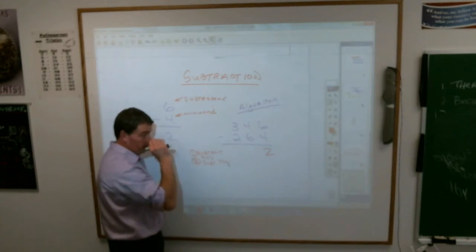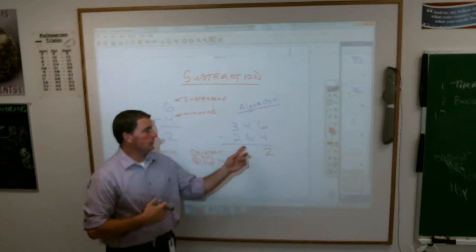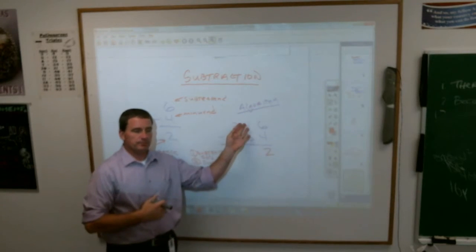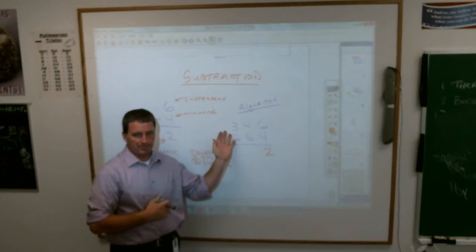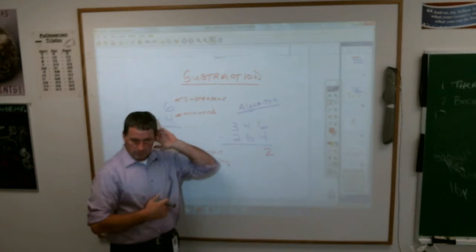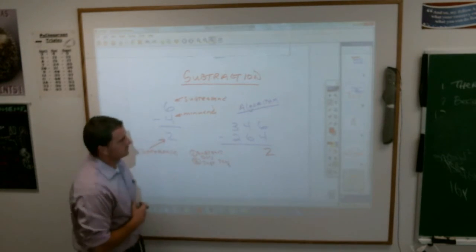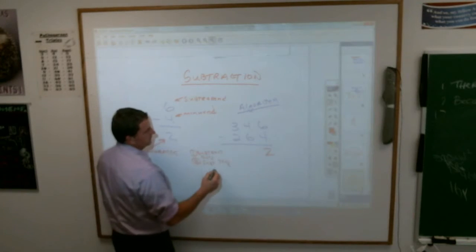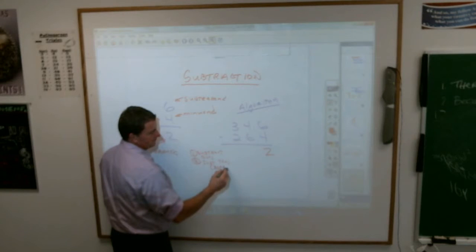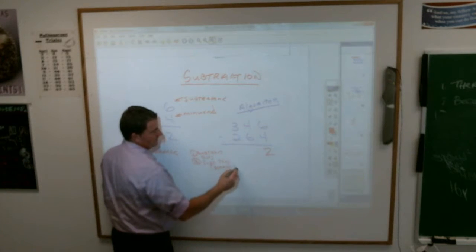Now here we run into problems because you can't take 6 away from 4. So when that happens, what has to happen there, Tyler? You cross out the 3 and you make it be a 2 and you carry that 1. We call that borrowing when necessary, if needed. And that's with any step you have to borrow if needed.